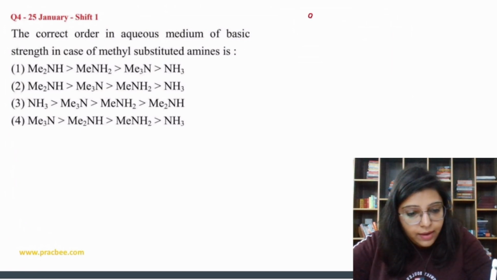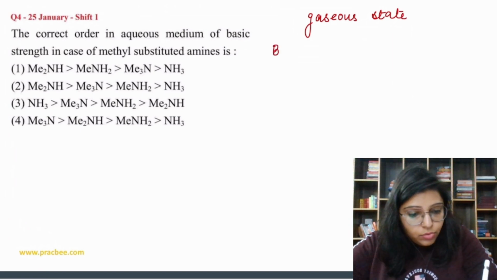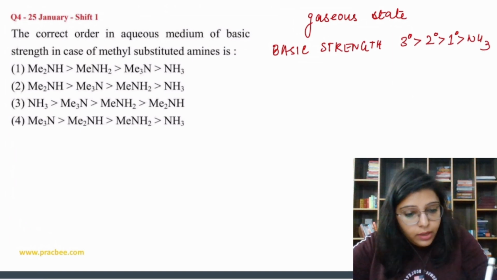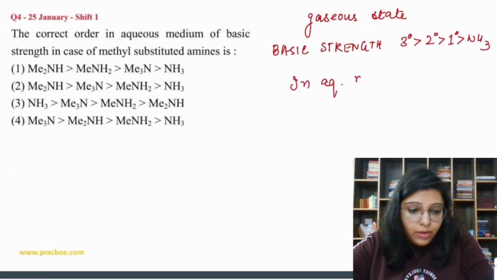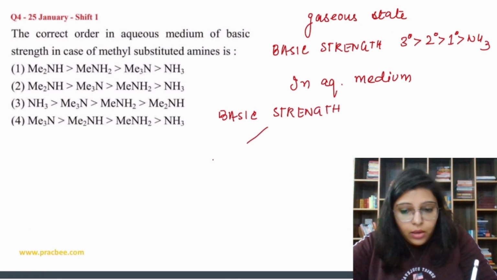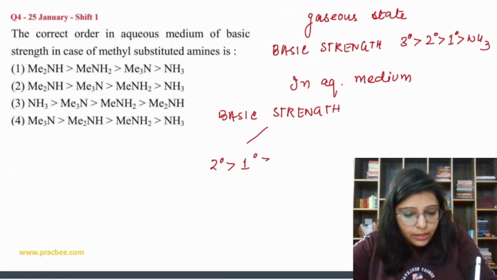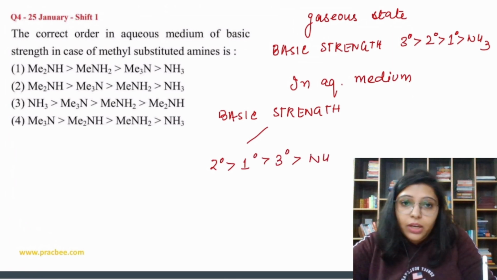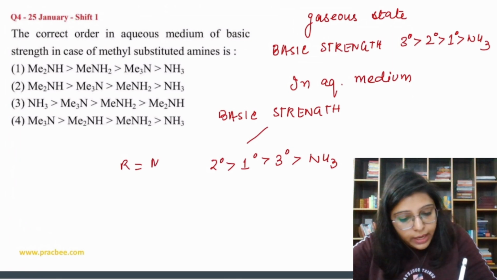If we have the gaseous state, then basic strength is 3 degree greater than 2 degree, then 1 degree, and then ammonia. In aqueous medium, the basic strength is going to be 2 degree, 1 degree, 3 degree, and then ammonia if the R group is the methyl group.